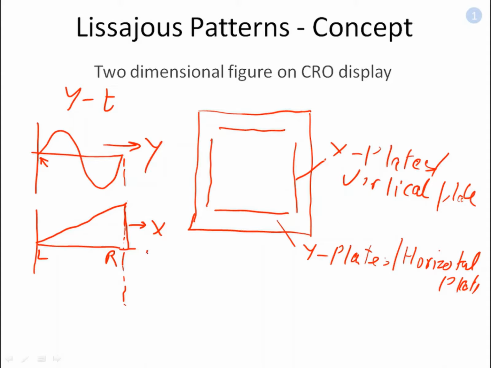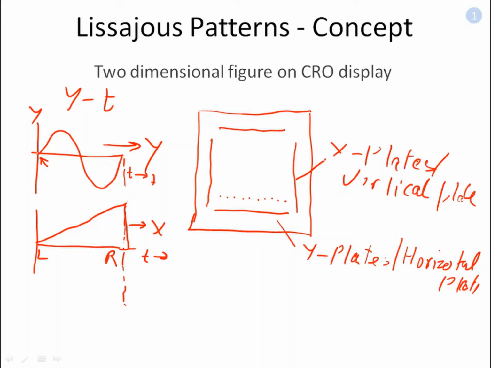With time, you can say this is time, here also this is time. This is basically Y plate, so magnitude over here. So when I am applying the voltage across the X plate, which is increasing linearly with time, how we will observe that, its scintillation will give the result on the screen like this.